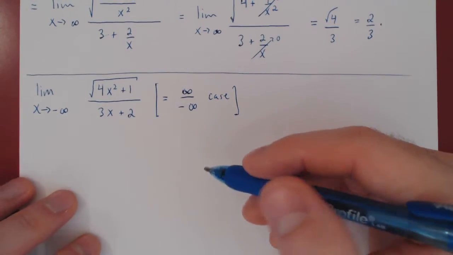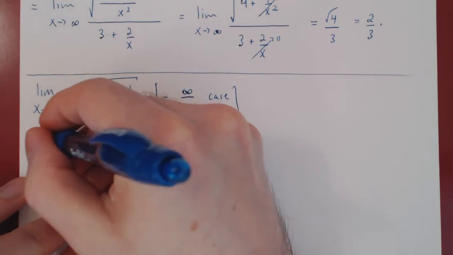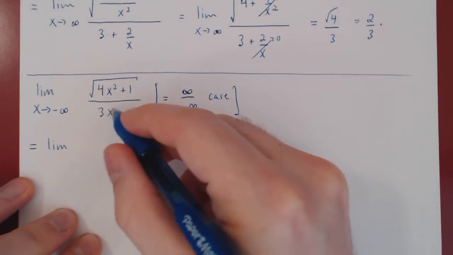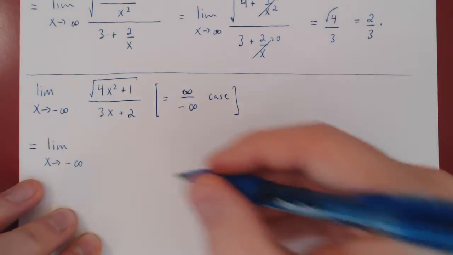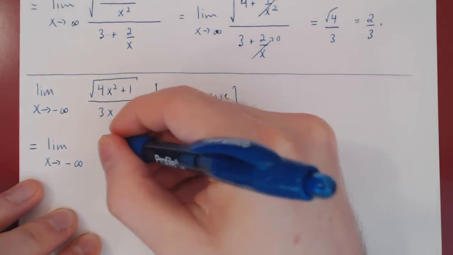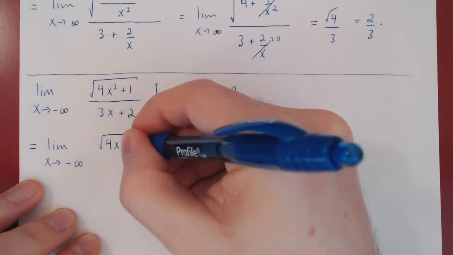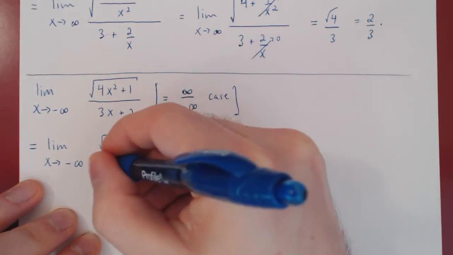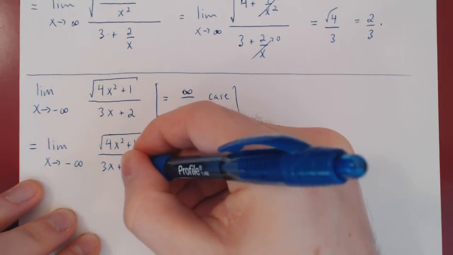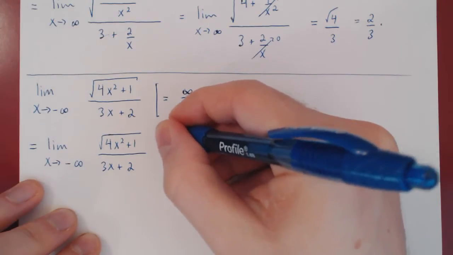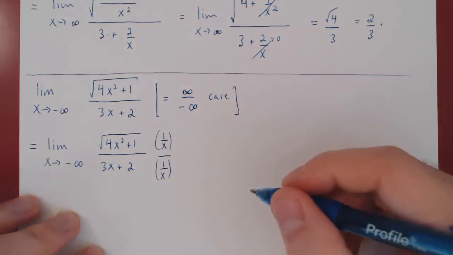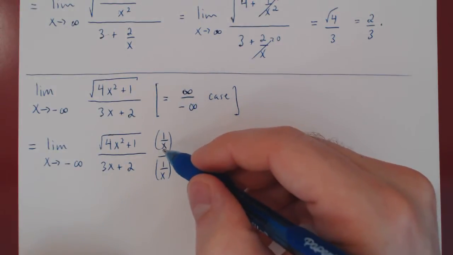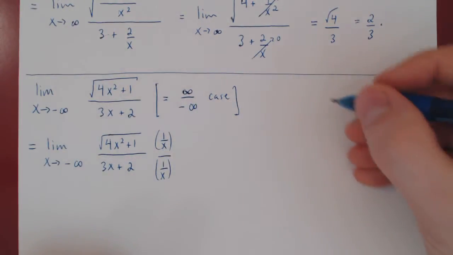Let's verify this. As we've said before, the dominant term on the bottom is x. So we multiply top and bottom by 1 over x. We know that we'll have to change this x by the root of x squared, but here we have to be careful.